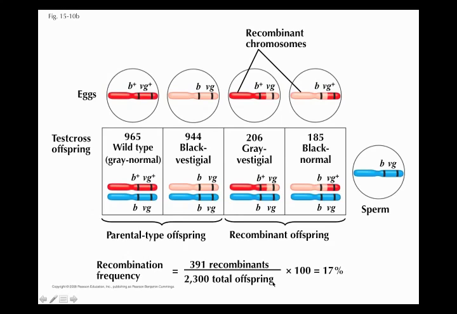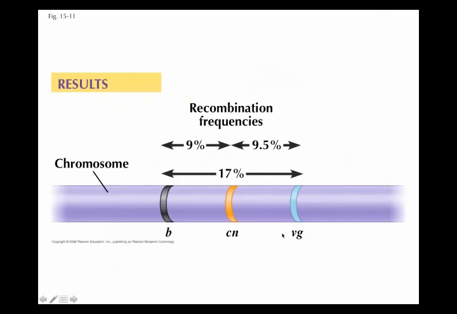So it's strictly the percentage of recombinants. That's why we multiply by 100. So the percentage of the offspring that have been mixed up from the parents, that is called your recombination frequency. So, like I was saying, if they're very far apart, here's like a 17, the recombination frequency is bigger than if they're closer together, like a 9.